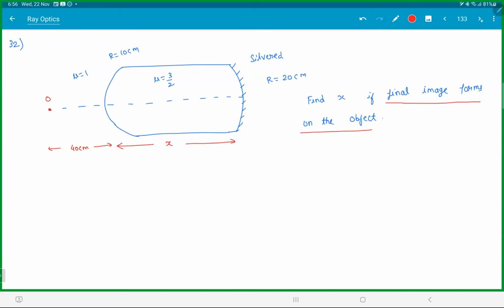Interestingly, there are two answers. I don't know whether you figured it out or not. This will be a good multiple choice question. Most people get one, and the second part doesn't normally strike.